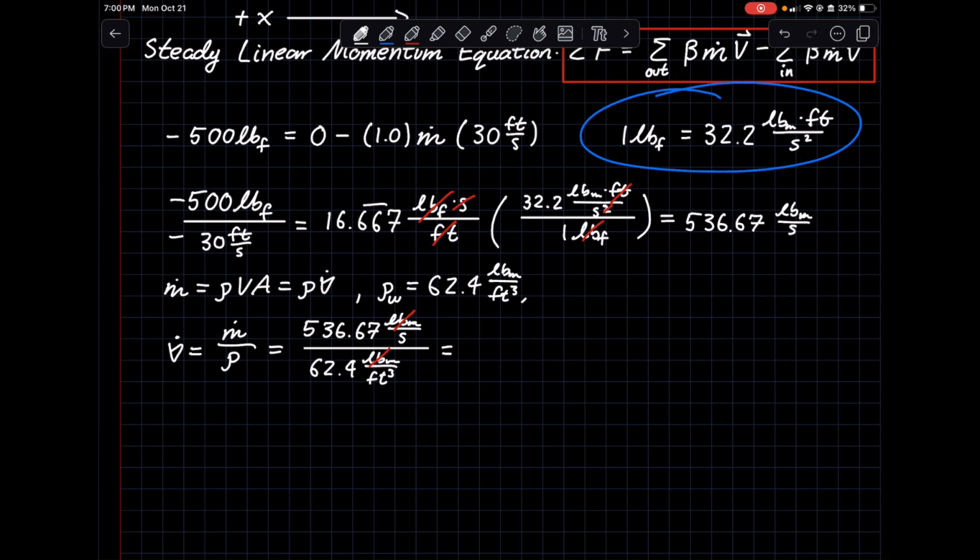So divide 536.667 by 62.4, and that should get us a volumetric flow rate of 8.60 cubic feet per second. So that should be our answer.